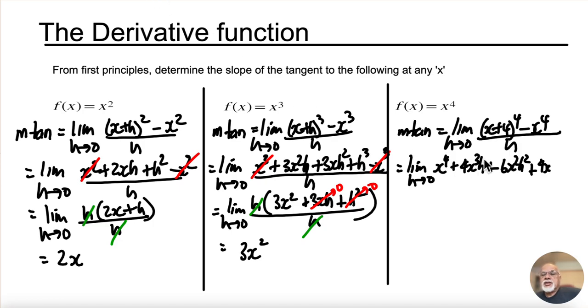The x's are going down an exponent and the h's are going up, so this would be 4x h cubed plus an h to the 4th, and then we've got that minus x to the 4th on the end, all over h. And once again, the x to the 4ths cancel, and all the surviving terms have an h in them.